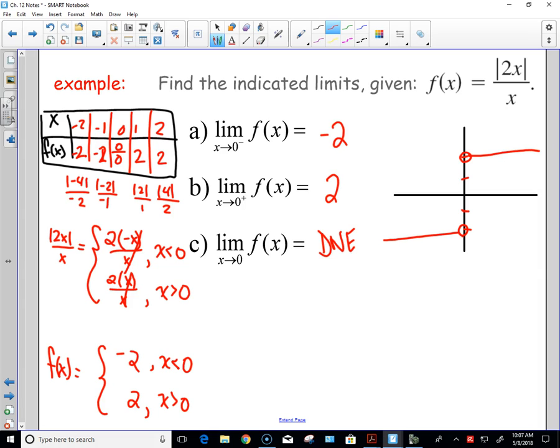If the one-sided limits do agree, what do we say about the limit? Louder. If the one-sided limits do agree, the limit does exist. If the one-sided limits do not agree, the limit does not exist. So fill in the blank: if the one-sided limits agree, the limit exists. If they do not, then the limit does not exist.